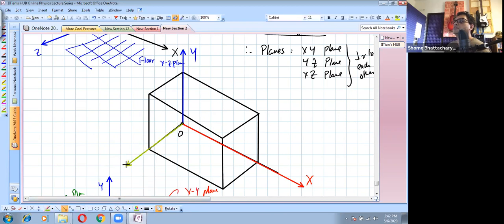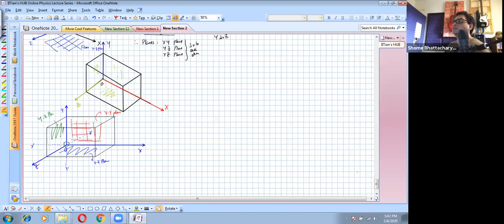This edge is becoming my z-axis. So these are my mutually perpendicular x, y, z axes. So you can see, this is one plane, this is one plane, this is one plane, and they are mutually perpendicular. Now you can see that these diagrams make sense with respect to each other.